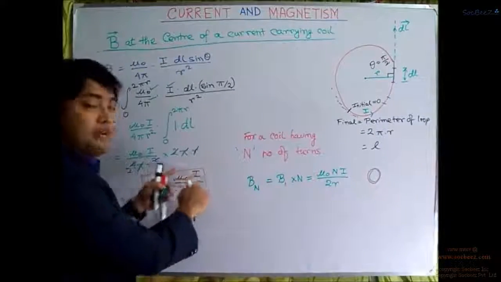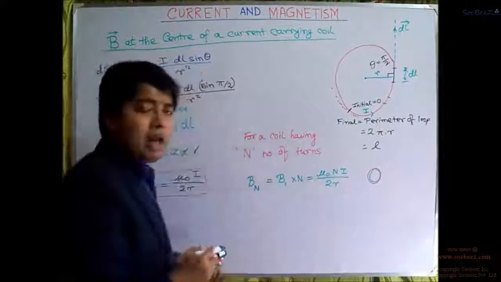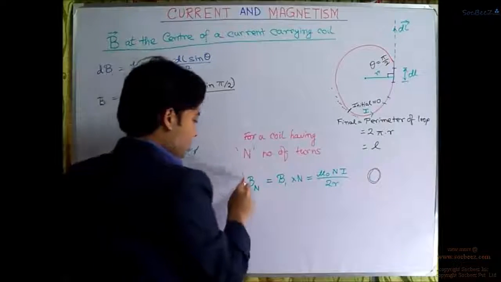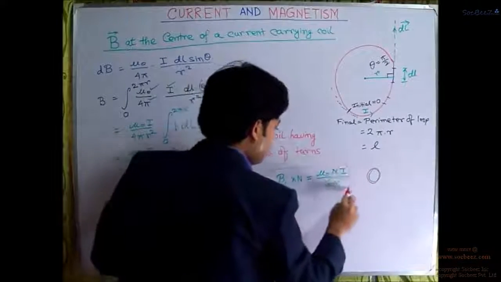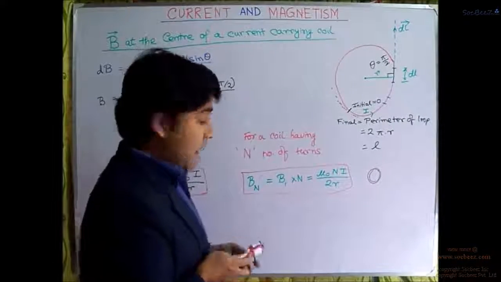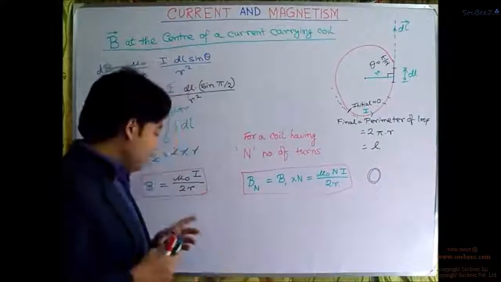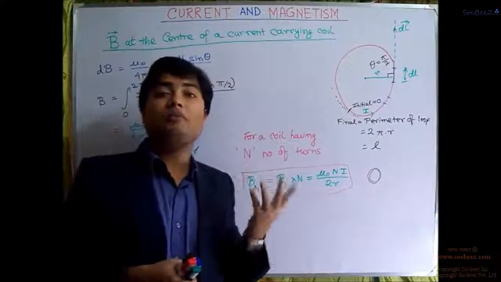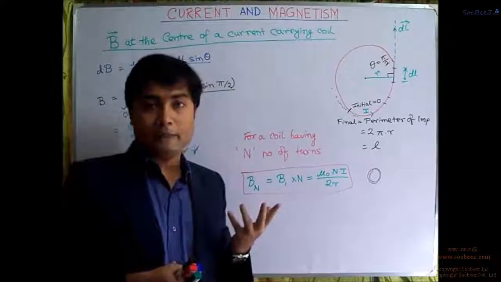See, mu naught I divided by 2r, simply multiplied by n, the number of turns on this occasion. Very good, we have found the magnitude of B. What will be the direction of B? We need to find it out.